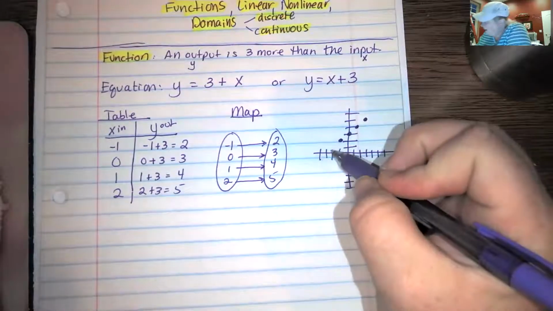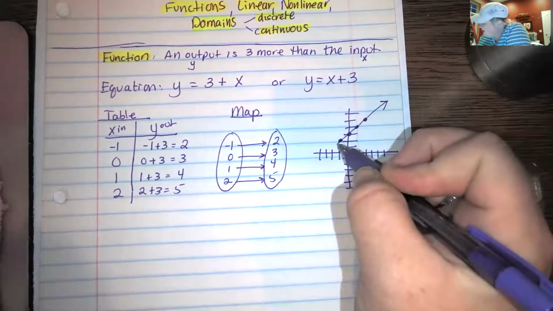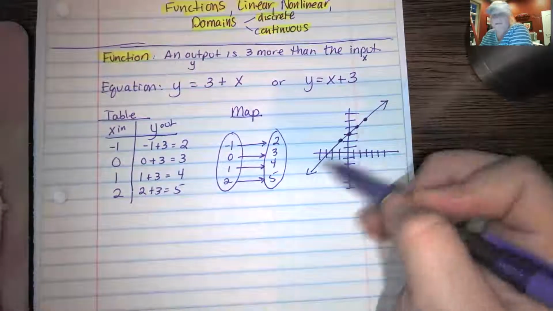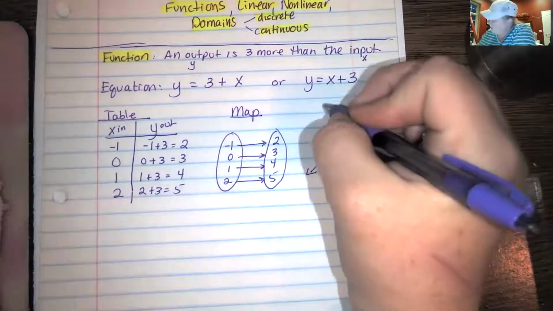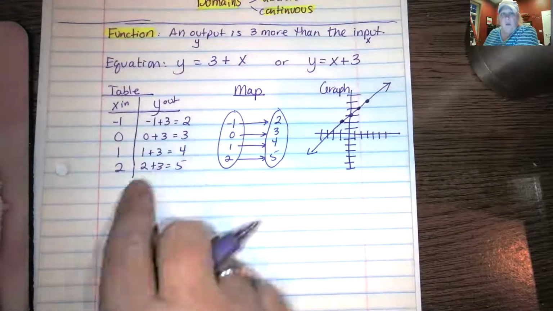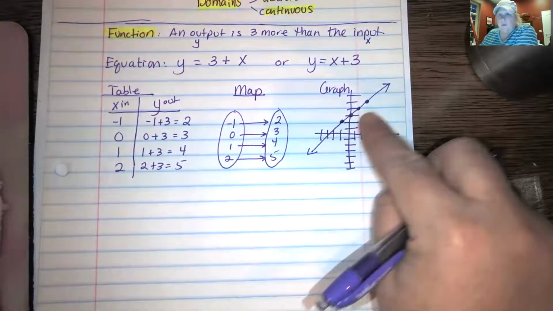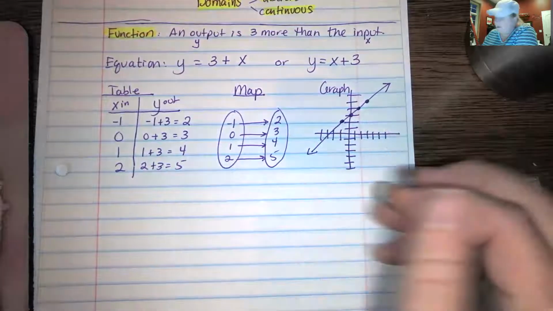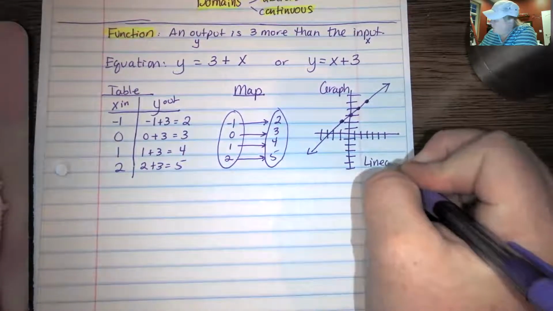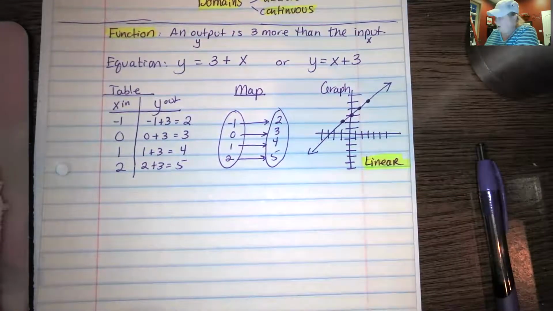And I can go ahead and I can connect these because there was no necessarily stopping, okay? So this would be a graph of this. So that is one way to describe one equation, okay? Now, this is a straight line, isn't it? So we're going to introduce, this would be the term linear. So linear means a straight line, okay? So any sort of straight line, it can't be a curved line, okay? That's all there is to it.